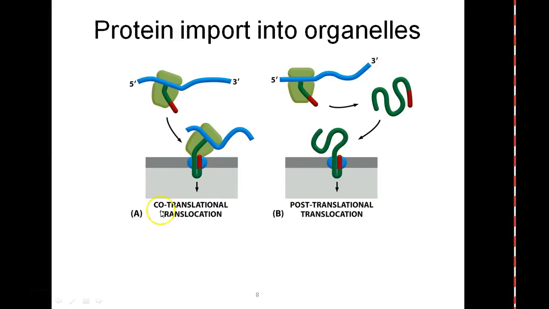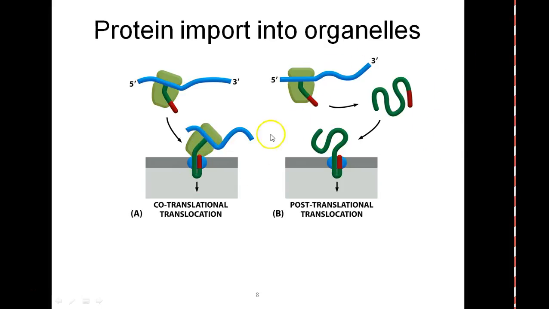Yes, and this name is kind of self-explanatory, called translational. So here we have a protein that is being actively translated, and it's in the ribosomal complex, and this whole thing is targeted to the organelle. So the protein is translocated during the translation, so it's not released from the ribosome.